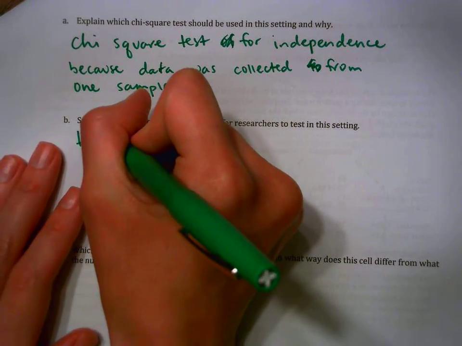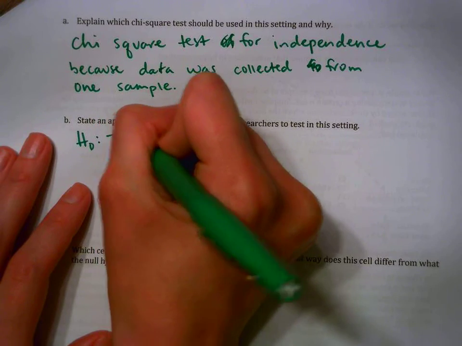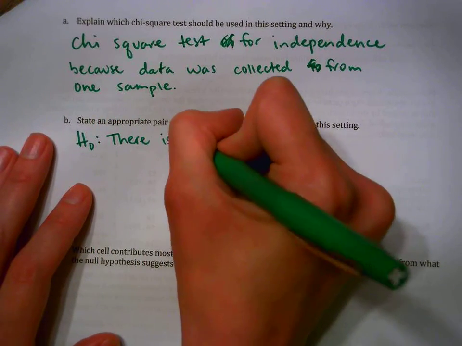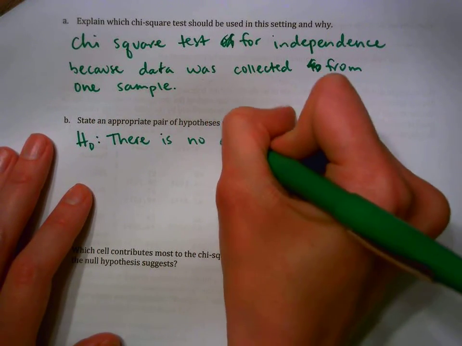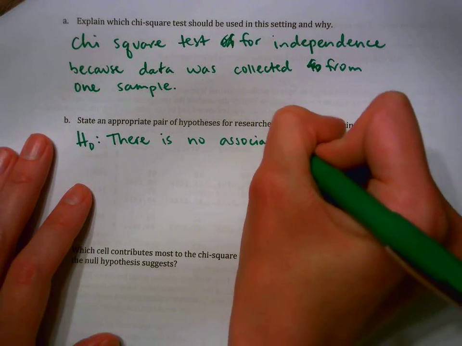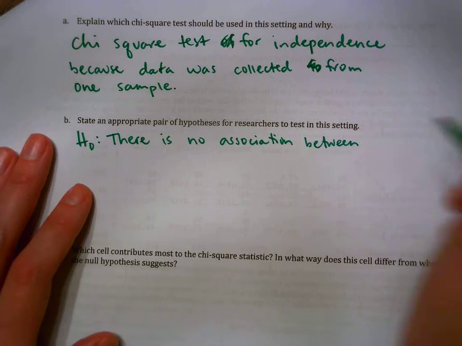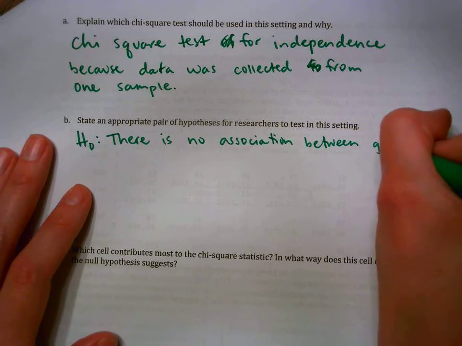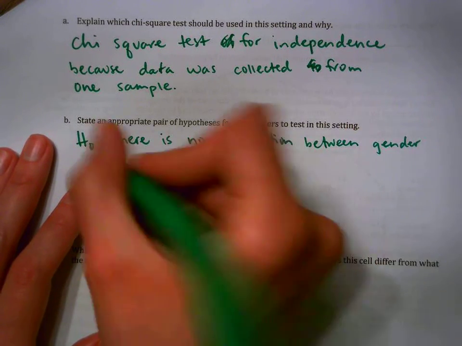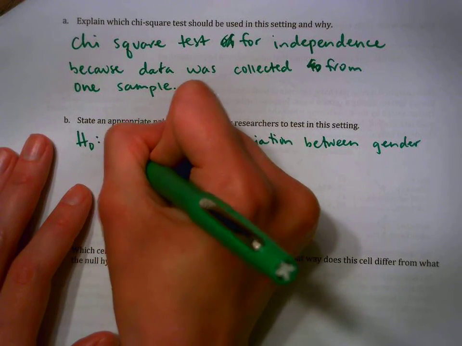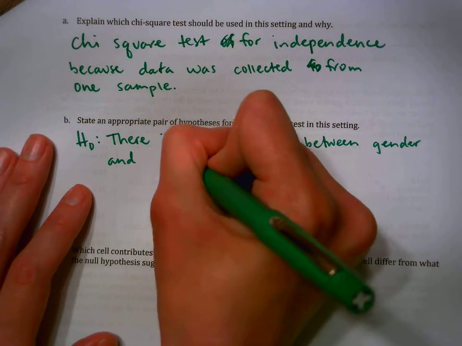Your null is no, so there is no association between, and now you just write your two categorical variables. The first one is gender, and this other variable is fright symptoms.